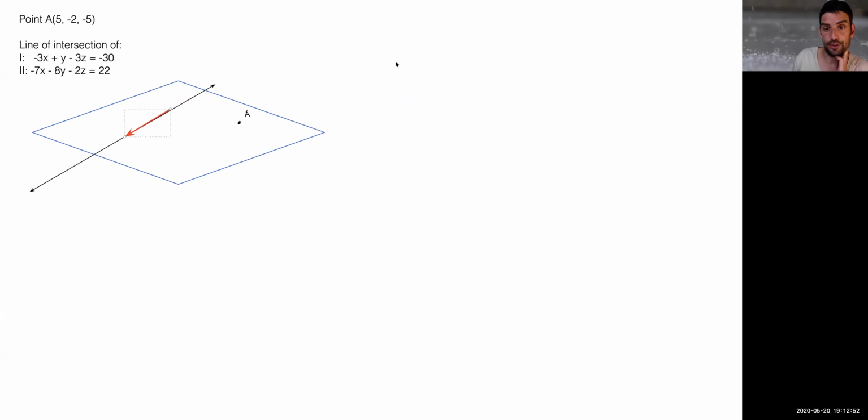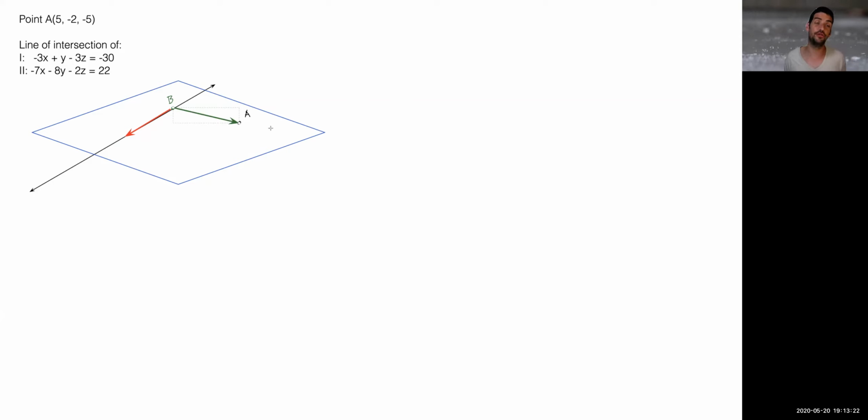The other thing we'll do is find a point on this line. I'm going to call that point B. And then we'll use that point to create a second vector between that point on the line and the point we were given, right?